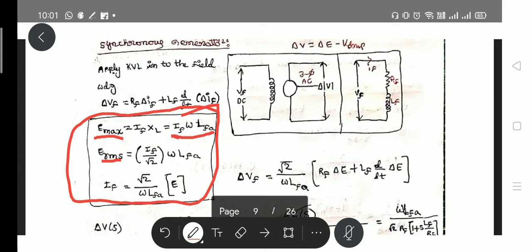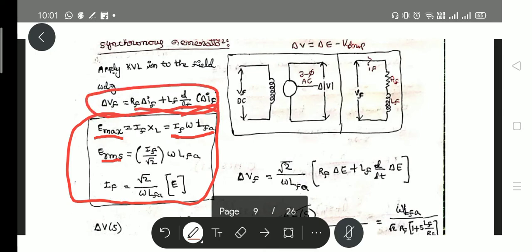So delta Vf equals what? Root 2 by omega LFA into Rf into delta E. We are substituting the value of If in this equation.